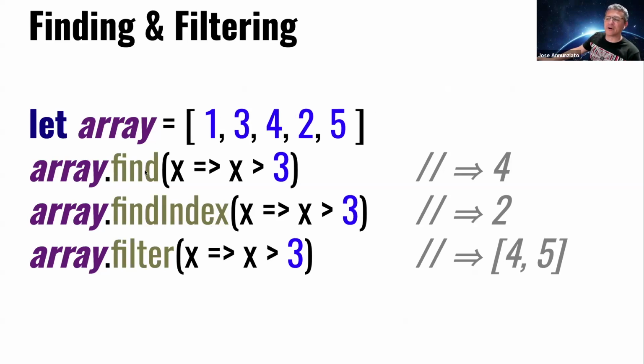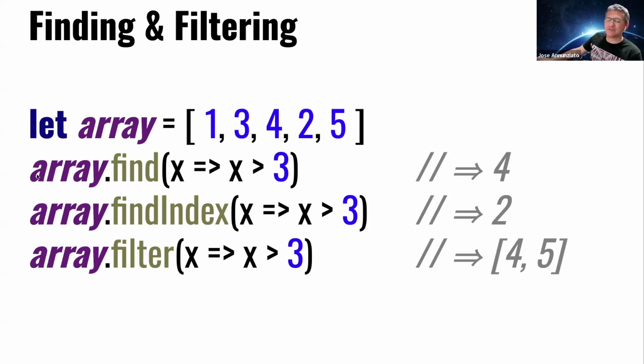And so I'm looking for the first item that makes the predicate true, returning whether each one of the items is larger than 3. So 1 is not, 3 is not, 4 is. So this stops at 4.